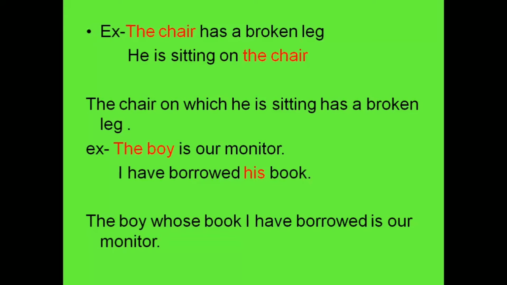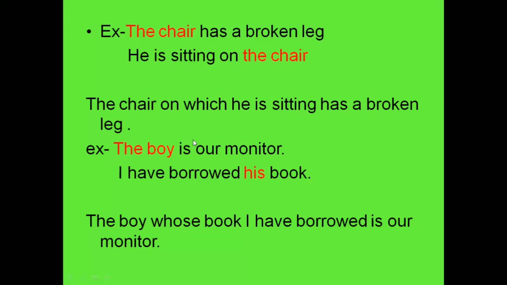The chair has a broken leg. He is sitting on the chair. In these two sentences, we have to identify the identical noun phrase. First, the chair is the identical noun phrase in both the sentences, and we have to replace the identical noun phrase in the second sentence by a relative pronoun: which he is sitting on.